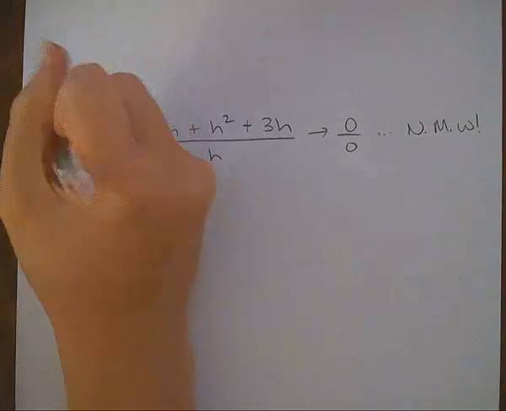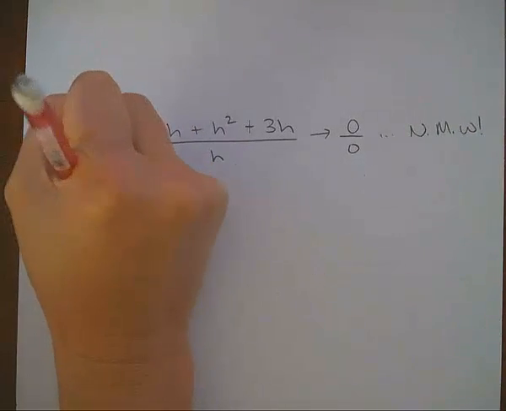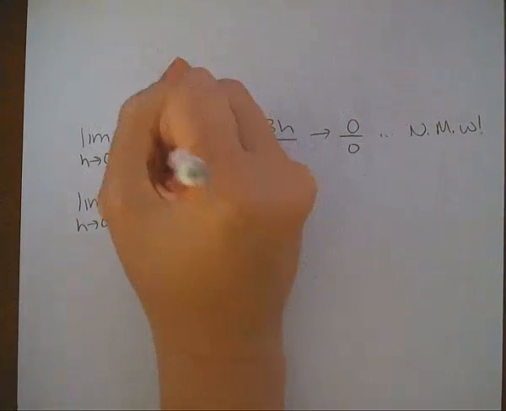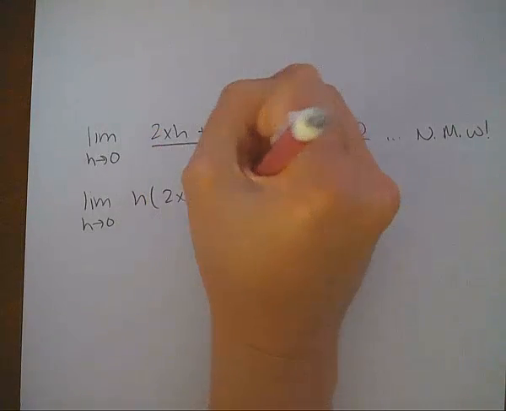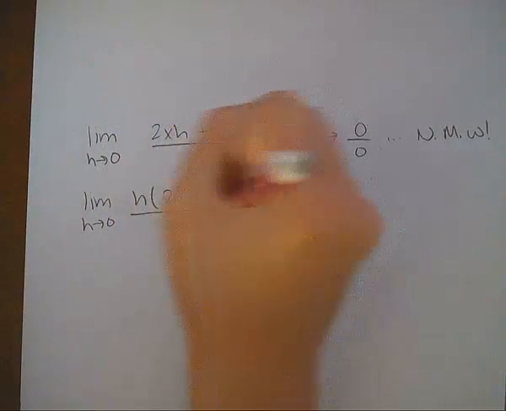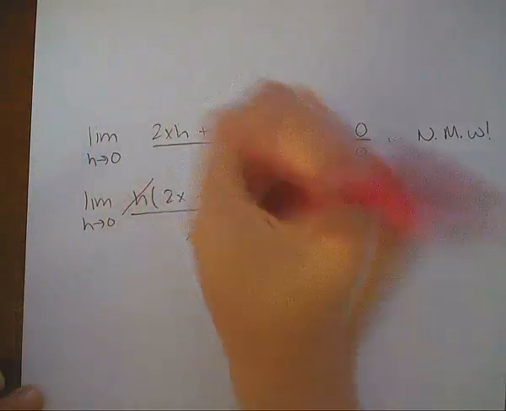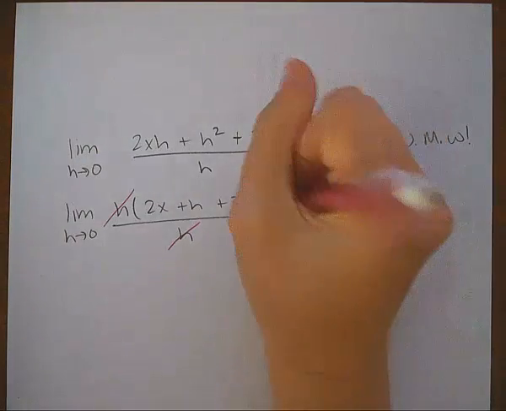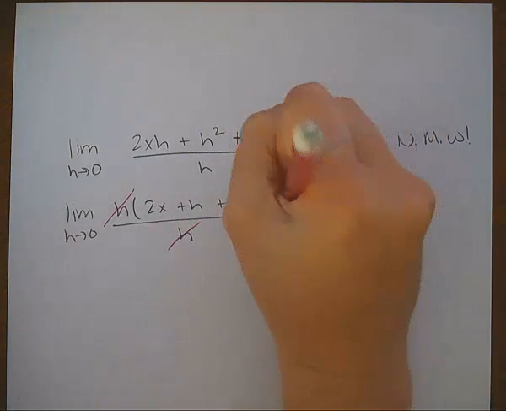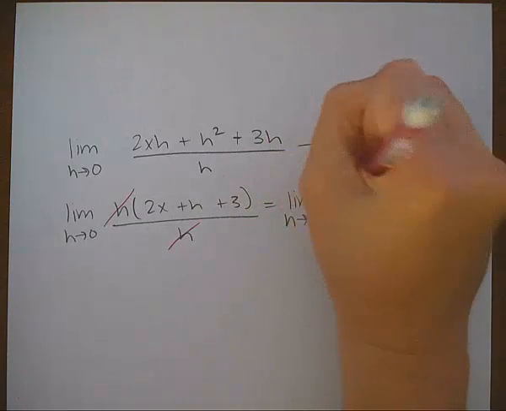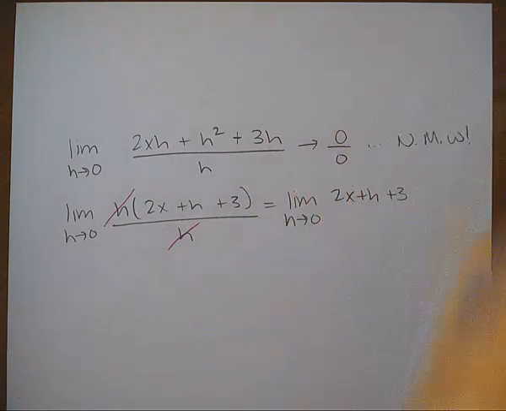So I'm going to factor out the h in the numerator, and I end up with h times 2x plus h plus 3, all over h. So nicely, the h's cancel out, and I'm left with the limit as h approaches 0 of 2x plus h plus 3.